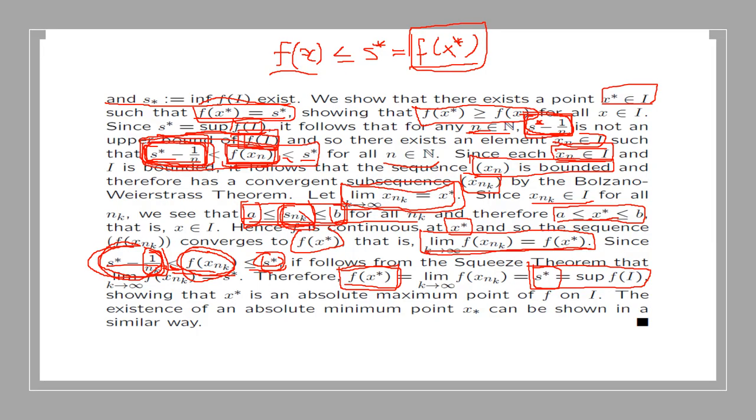Now, you can apply a similar proof to show that the absolute minimum also exists.